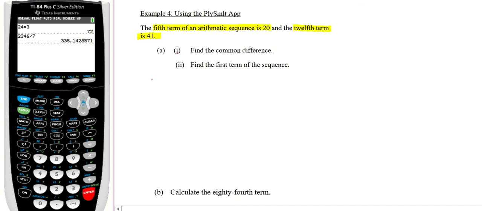So the first thing you need to do when you're using the app is make two equations in terms of your two unknowns. So I'm going to base my equations on the information given about the fifth term and the 12th term.